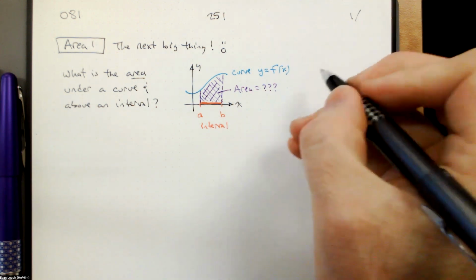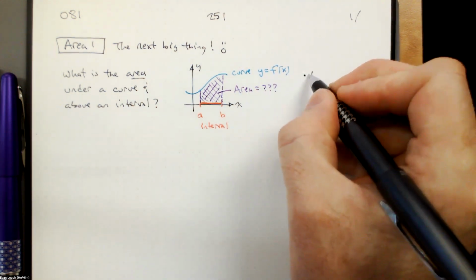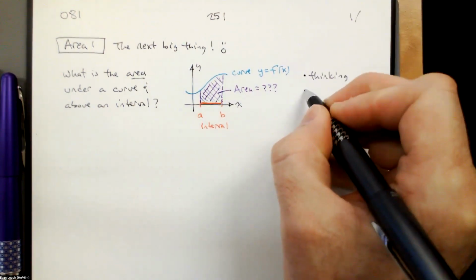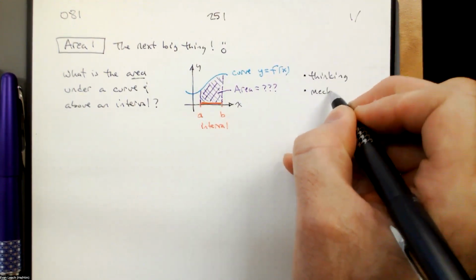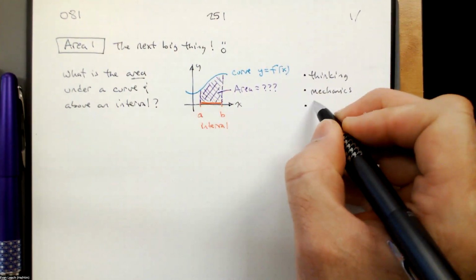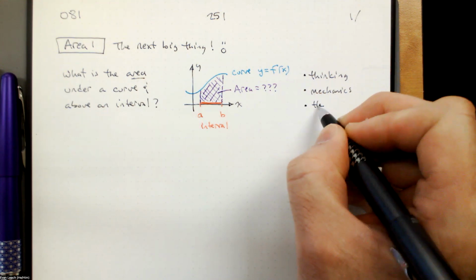So the three things that we need to consider are the thinking, the mechanics, and the point.